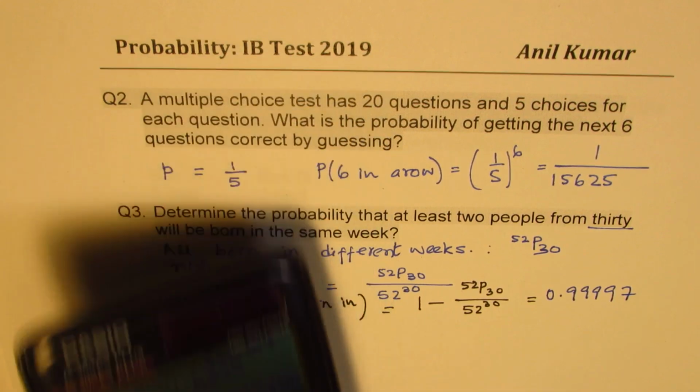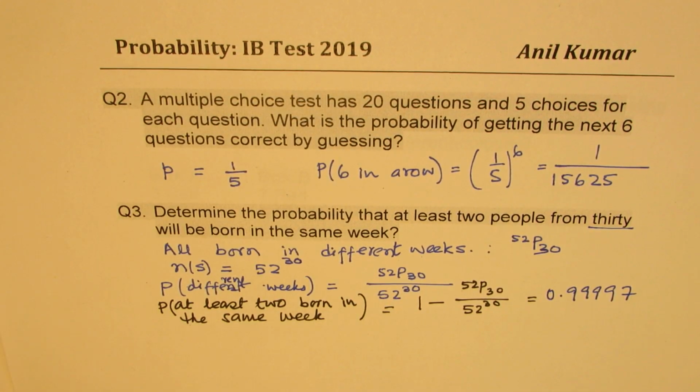So it's highly likely, correct? So it is highly likely, almost certain, that two persons' birthday will fall in the same week. Correct? Let's move on and take question number 4.